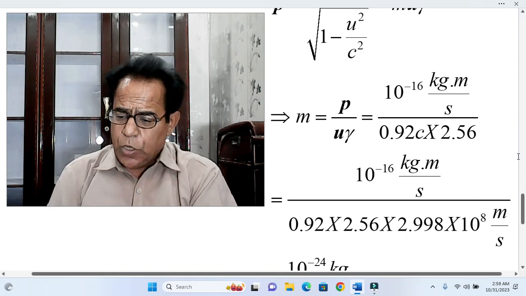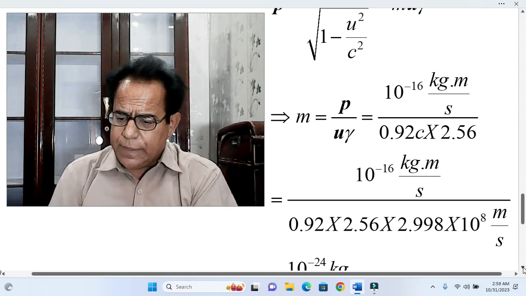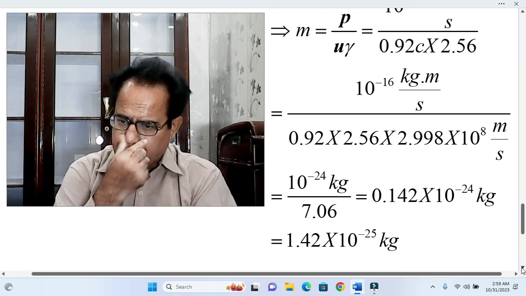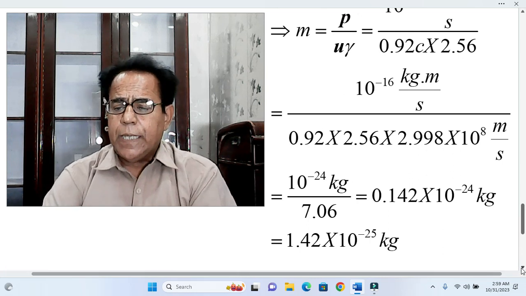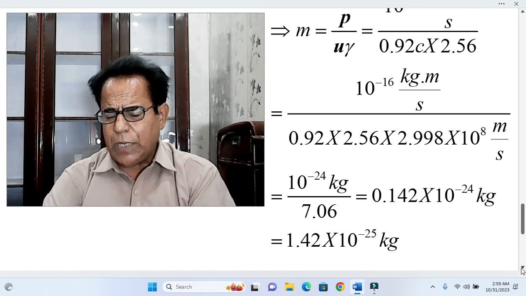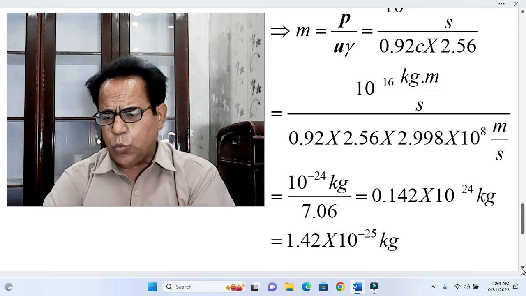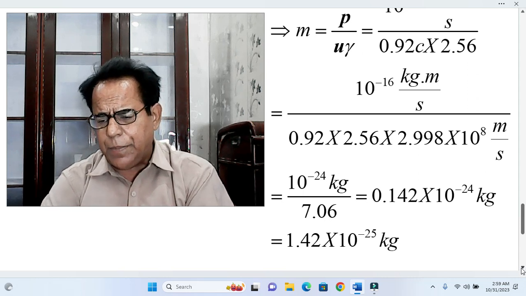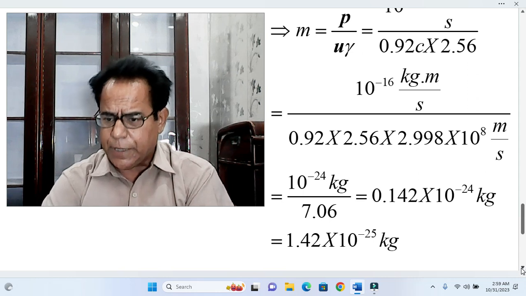So our mass is becoming equal to 10 raised to the power minus 24 kilogram over 7.06. When we multiply 0.92 with 2.56 and then multiply by 2.998, it becomes 7.06.